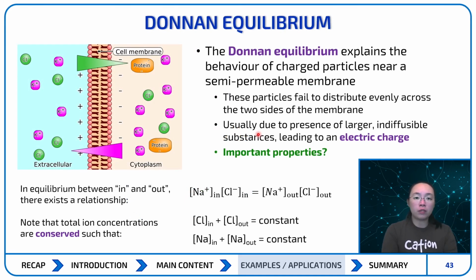The Donnan equilibrium explains the behavior of charged particles near a semi-permeable membrane. So this is our semi-permeable membrane. What happens here is, let's say you have some potassium outside in the extracellular matrix, and you have some negatively charged chlorine ions. You also have potassium here and chlorine ions here.